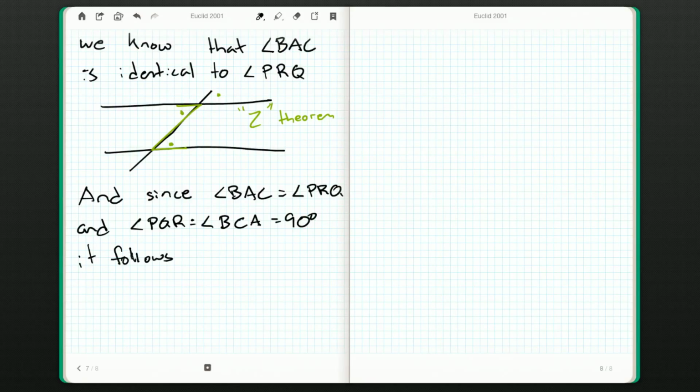We can quickly see, just by using the fact that the sum of the angles in a triangle has to be 180 degrees, that our remaining angle, what's the remaining angle? QRP must be equal to CAB. No, not CAB, CBA.